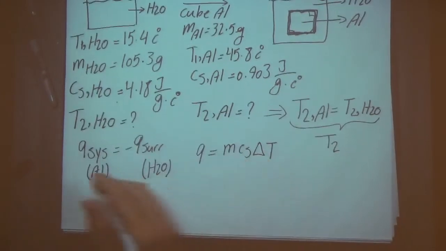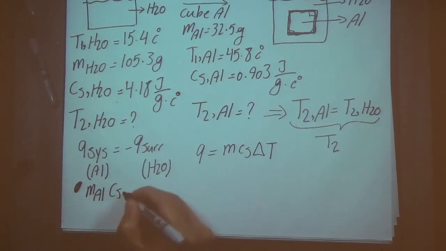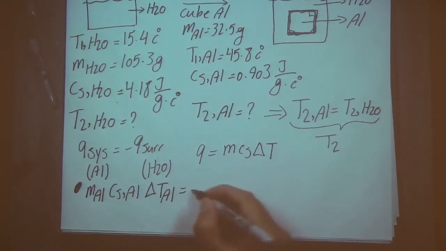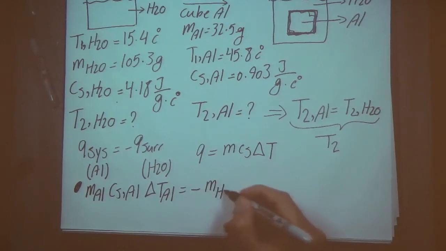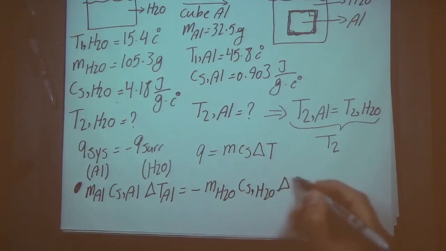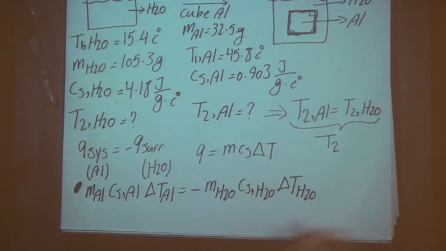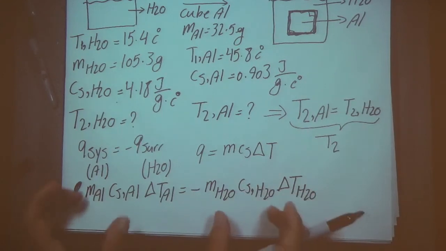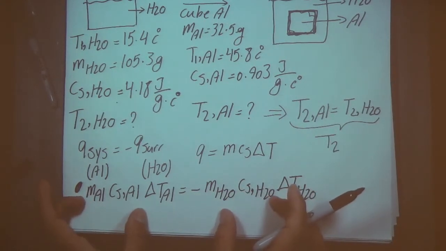So I go with mass of aluminum multiply specific heat capacity of aluminum multiply delta T of aluminum equal to minus mass of H2O multiply specific heat capacity of H2O multiply delta T of H2O. Simply just replace the numbers, but keep the temperature as that. I'm not going to work on the temperature for now. I'll try to simplify both sides, and then I will put in the temperature.